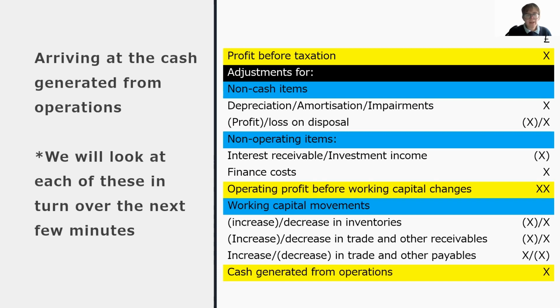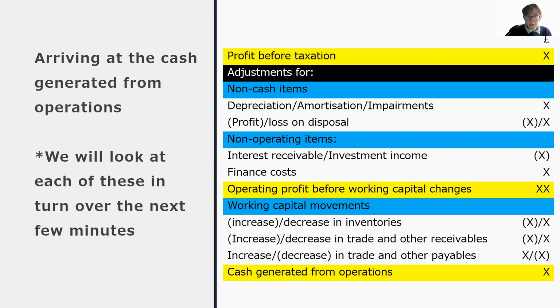So, to arrive at the cash generated from operations using the indirect method, this is how you would calculate it. And we will have a look at these in a little bit more detail in a moment. Taking your profit before tax figure, you would adjust it by adding back any depreciation, any amortization, and any impairments.